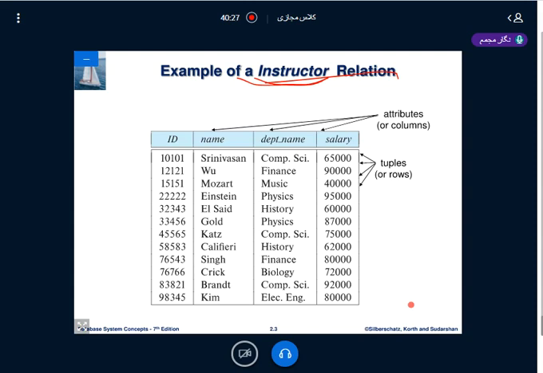Because of this, we design a database, and in each database we have some tables. Every table has columns and rows, and with the columns and rows we can show the data.